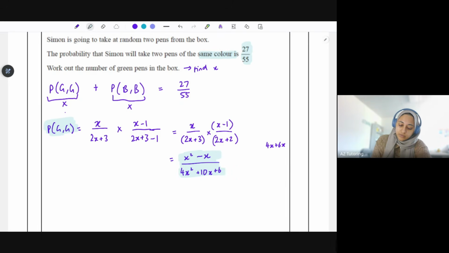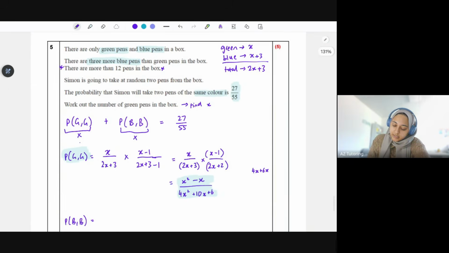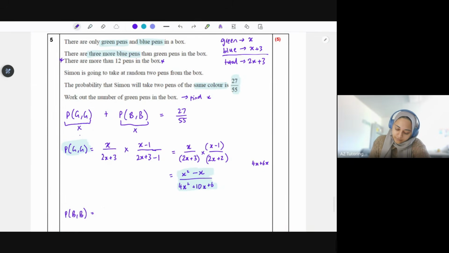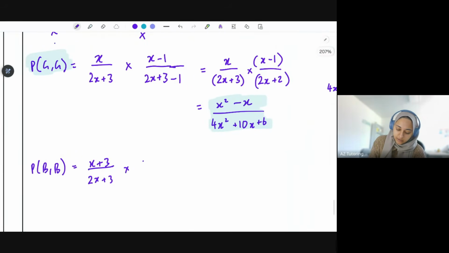Now let's find the probability of it being blue, blue. So this part here. So probability of blue, blue. Well, the probability the first one's going to be blue is x plus 3 over the total, which is 2x plus 3. And the probability the second one's going to be blue, we've taken one blue out. So therefore, it's going to be not x plus 3, but x plus 3 minus 1.